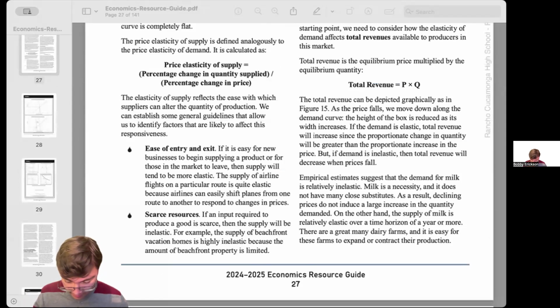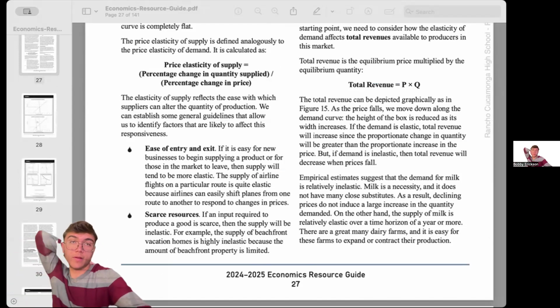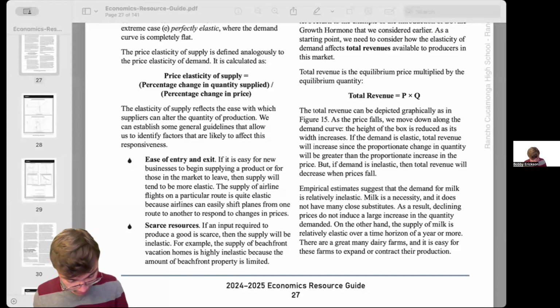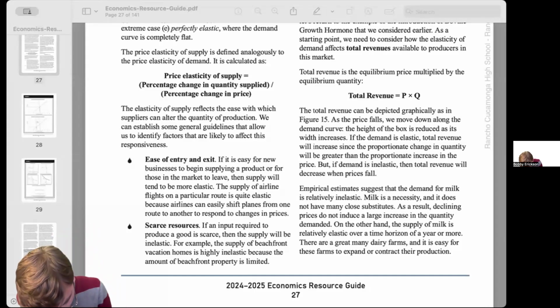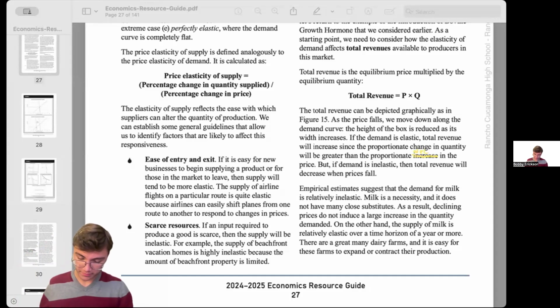So if it's inelastic, then the total revenue will decrease when prices fall here. Yes, and looking more into it, this right here should say decrease in price. So if the demand is elastic, then the total revenue increases as the price decreases. But if it's inelastic, then the revenue will decrease.